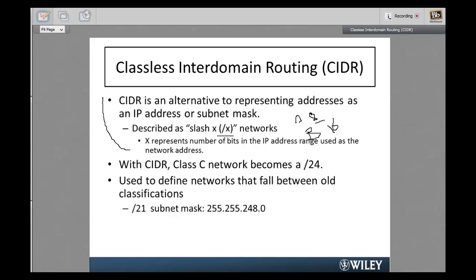But you can also have a subnet mask like this. It's not actually required to be in the classes. If your network is in one of the classes A, B, C, then it's a classful network. Otherwise, it could be a network like this.